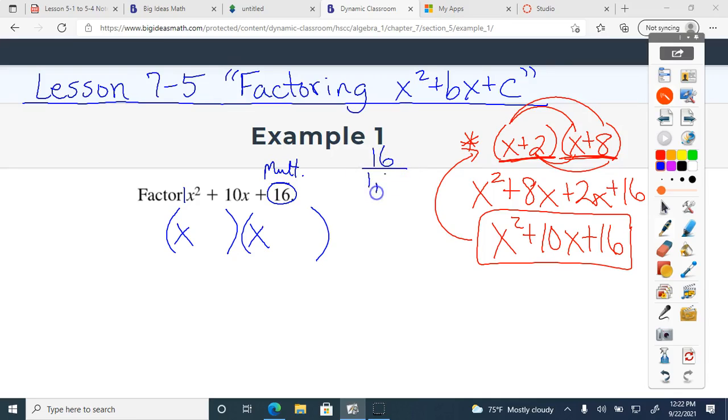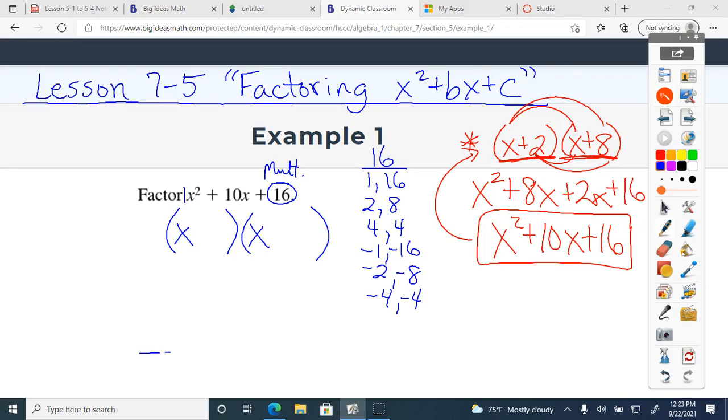It could be 1 and 16. It could be 2 and 8. It could be 4 and 4. It could be -1 and -16, -2 and -8, -4 and -4. All of those, if you multiply them, give you what? Positive 16.